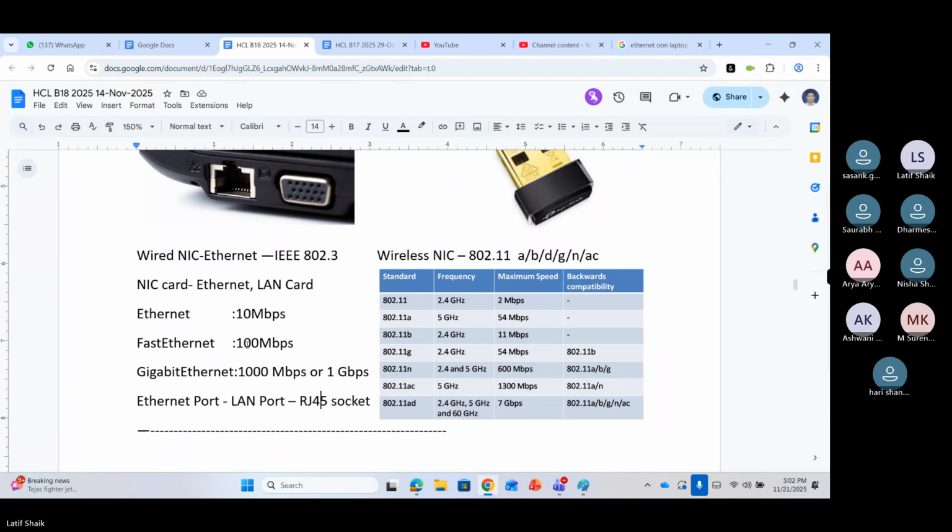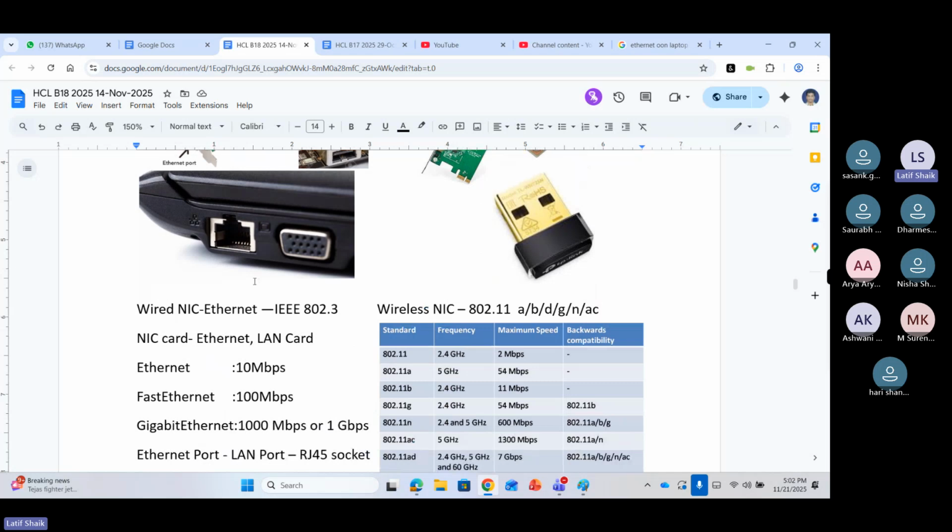Initially there was Ethernet, then the next version after Ethernet is Fast Ethernet, and the next version after Fast Ethernet is Gigabit Ethernet.